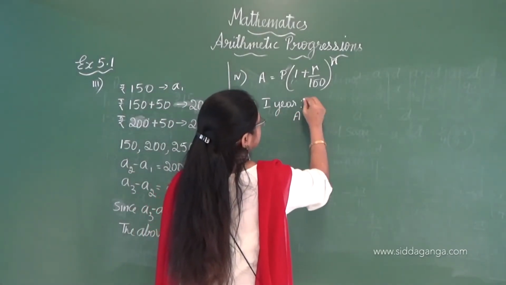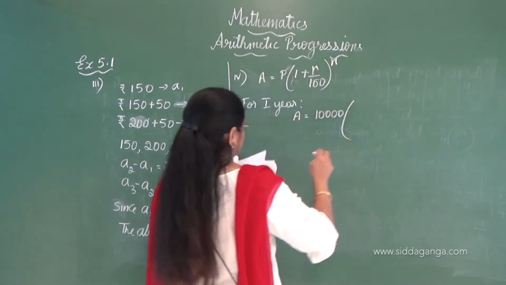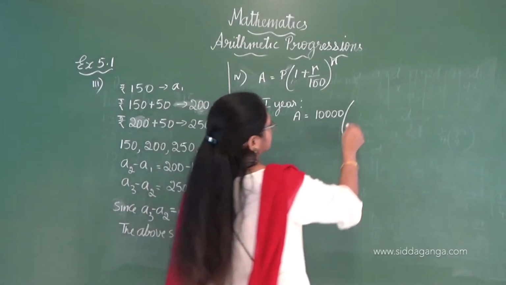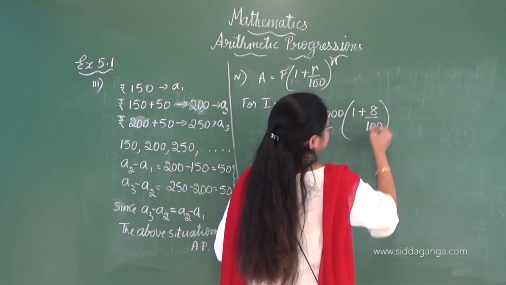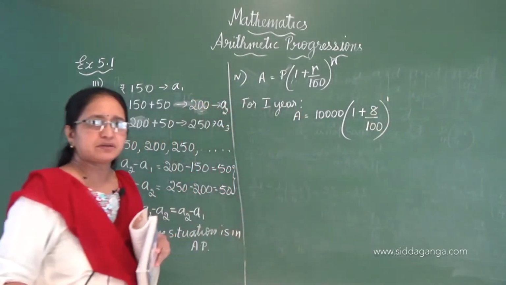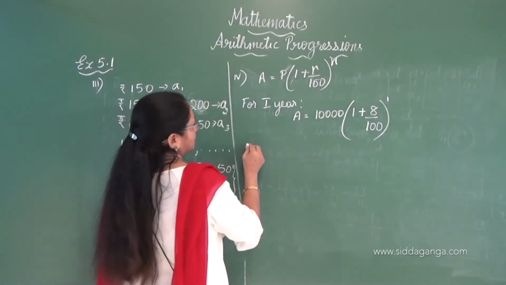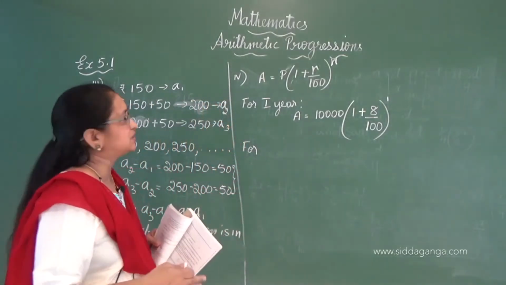Amount is equal to, principal amount is 10,000, then rate of interest is 8 by 100 for the first year. So, the power will be 1, N is equal to 1. So, let it be like that only. You need not calculate it, I will show an easy method.